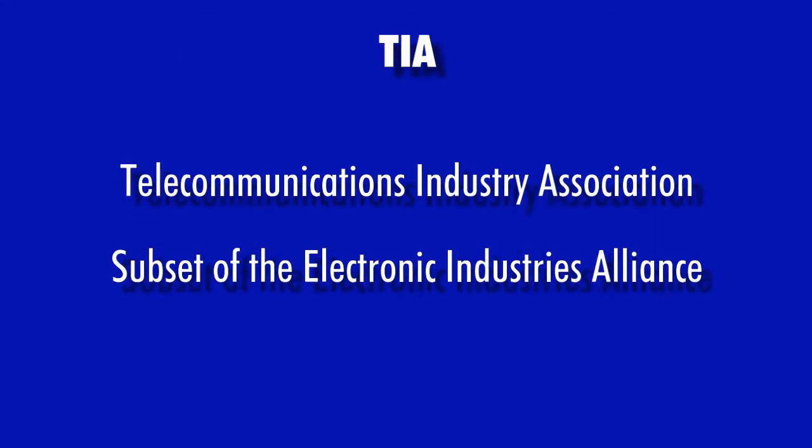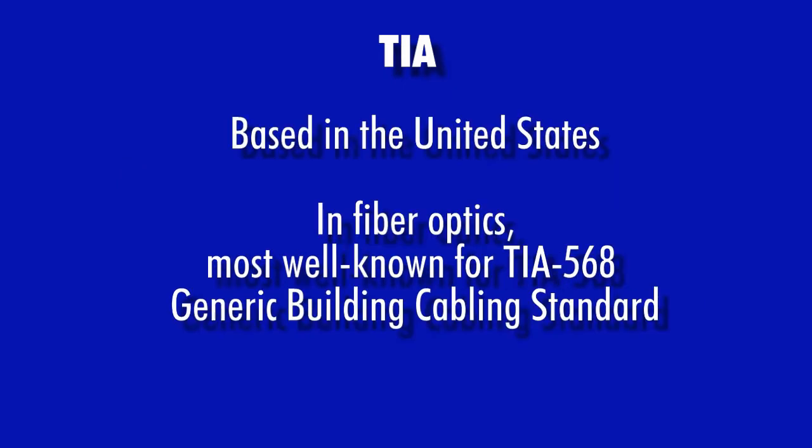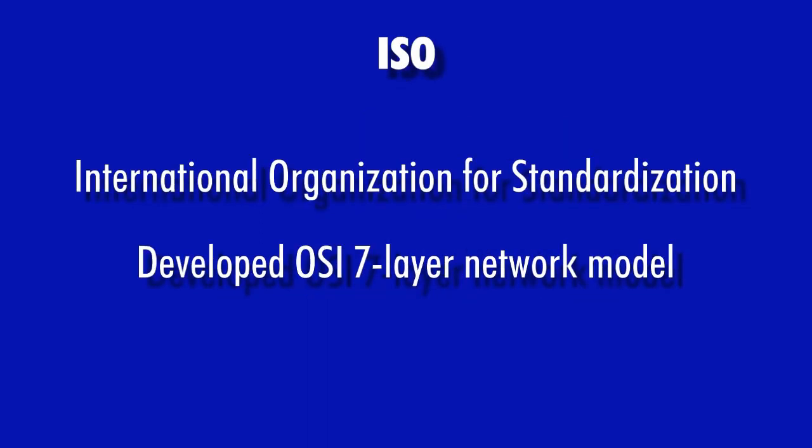Perhaps the most well-known cabling standard in the United States is the Telecommunications Industry Association, or TIA, which is a subset of the Electronic Industries Alliance, or EIA. Originally developed in 1991, the TIA-EIA 568 cabling standard is the primary standard for certifying commercial building networks in the U.S. The International Organization for Standardization, or ISO, is an internationally known cabling standards organization.